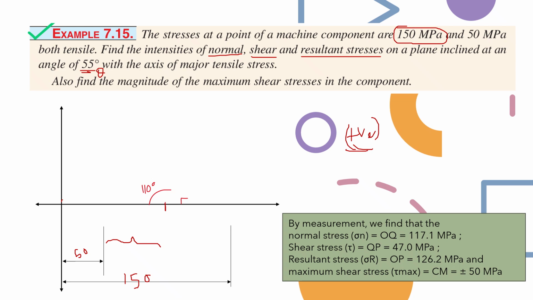My pencil is giving me a lot of pain today. Okay, so this is the O point. To measure the distance from the O point, we can add this 50 and we get the distance from O.